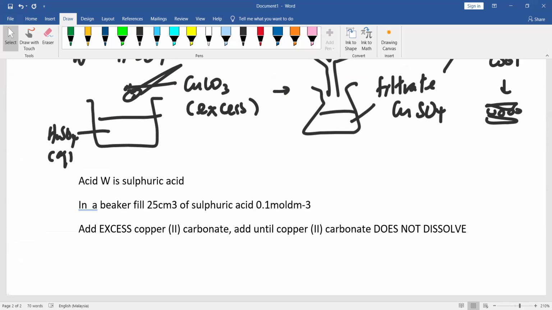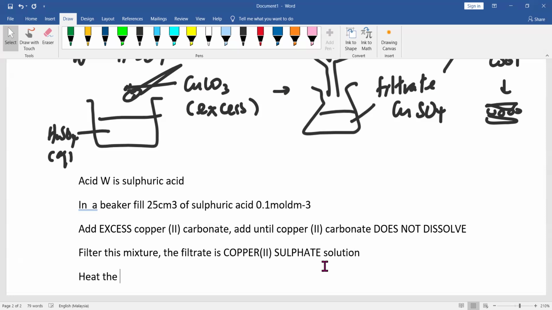This is to neutralize all the acid. Then you filter this mixture. The filtrate is copper sulfate solution. Heat the CuSO4 solution in a beaker until saturated.